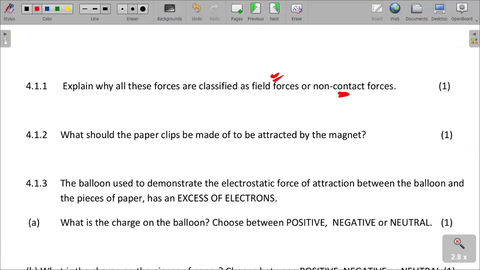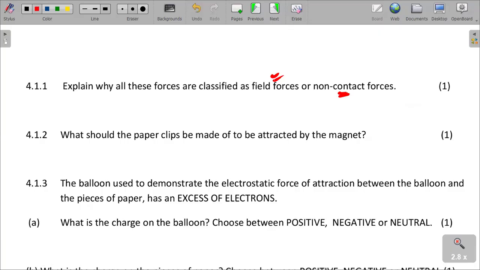What we need to understand is that the objects are not in contact with each other, and the forces are exerted, or applied, over a distance. So when we say they are classified as field forces, it is because the objects are not in contact with each other.